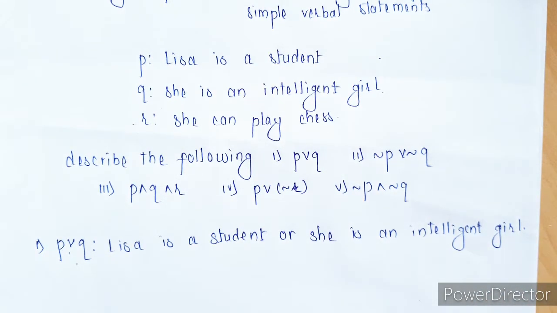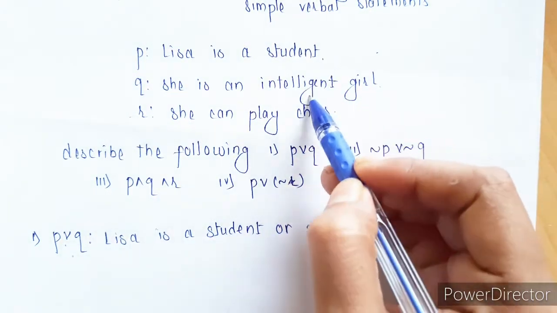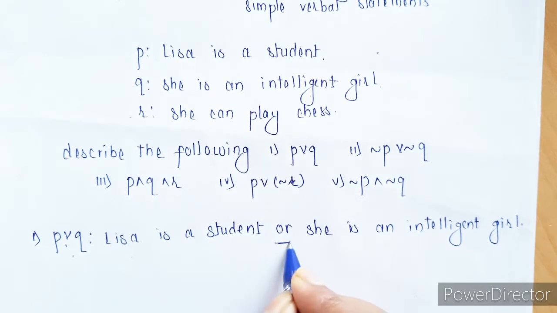We are just connecting these two statements using connective or. So what we have is Lisa is a student or she is an intelligent girl.